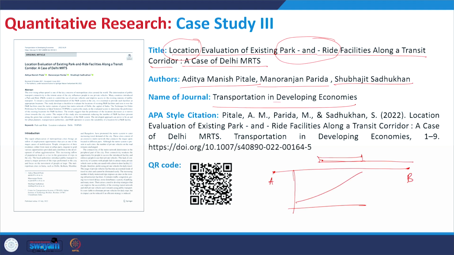Now we consider a point A and point B, and you have one road connecting A to B. How many ways can you go from point A to point B? You can start walking, it will take some time. You use your cycle, it will take some time. You use your two-wheeler, again it will take some time.